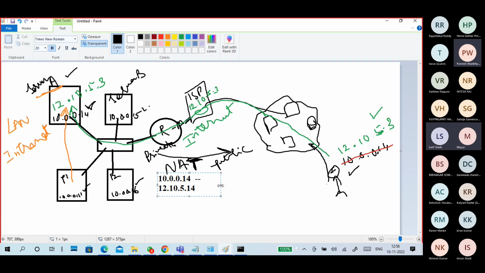Just for understanding, I put almost the same one only. So this is 15. Just for our understanding. This is a private IP address, meaning an internal IP address, and this is used while communicating outside. Same thing.